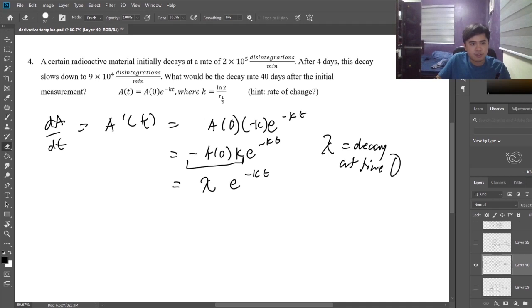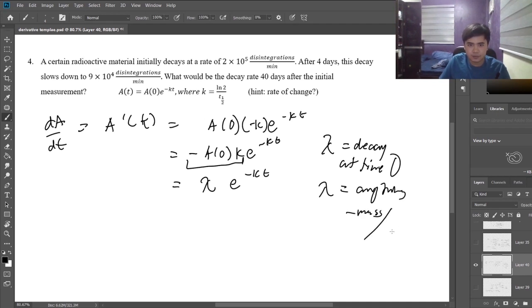What's the unit of lambda? The unit of lambda is anything you want, as long as it is mass or depletion of mass over time. That's all it is. So this can be disintegrations per minute. It doesn't have to be per day. It can be per minute. So good.